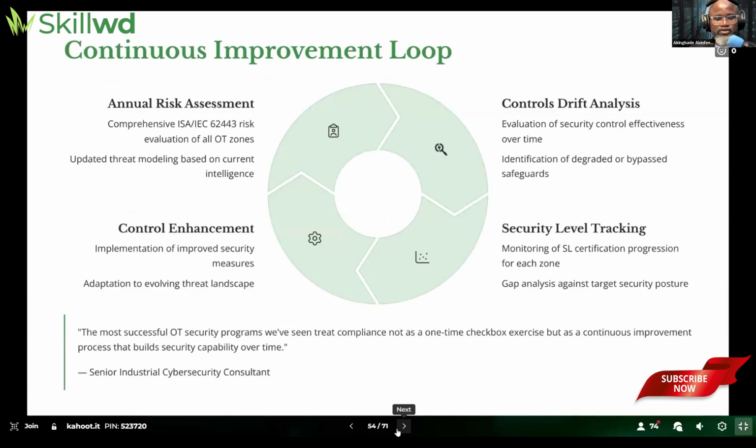Continuous improvement is going to be the same thing around annual risk assessment. If there's a need to make an evaluation of your control, track your security in general, implement effectiveness of your control, and review it at all times also.